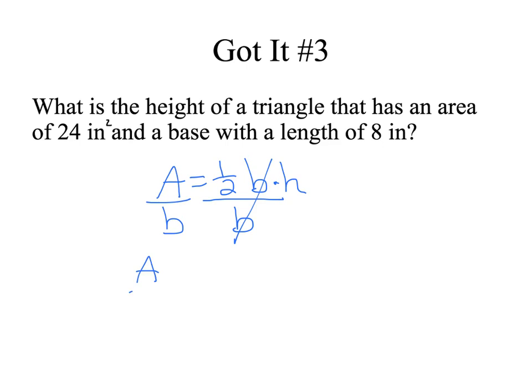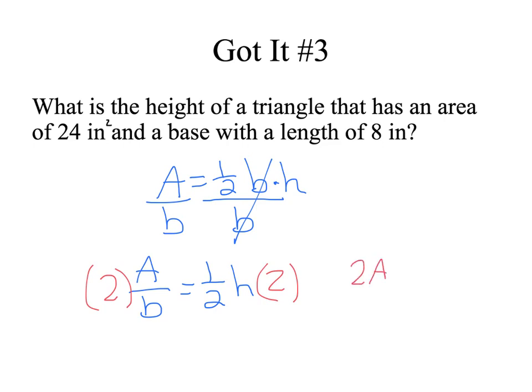So we have A over b equals 1/2 h. Now to get rid of the 1/2, we need to multiply both sides by 2. So we have 2A over b equals h. So we've solved our equation for h.